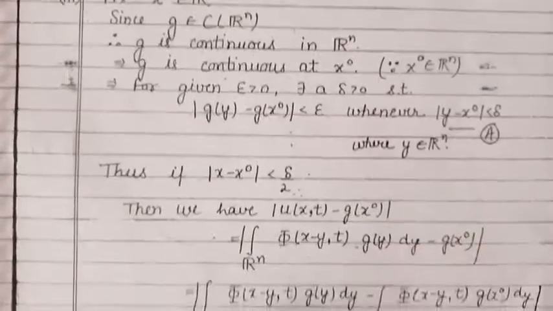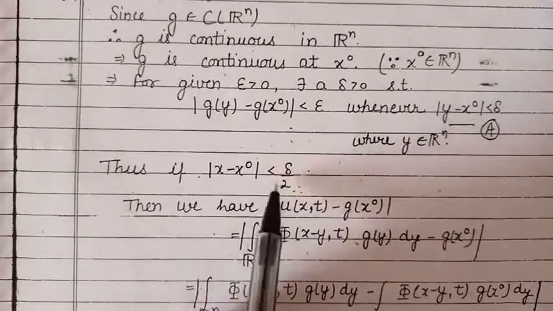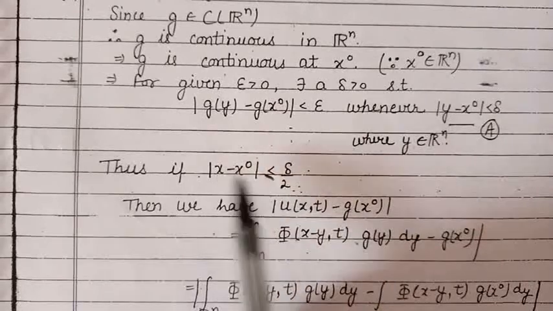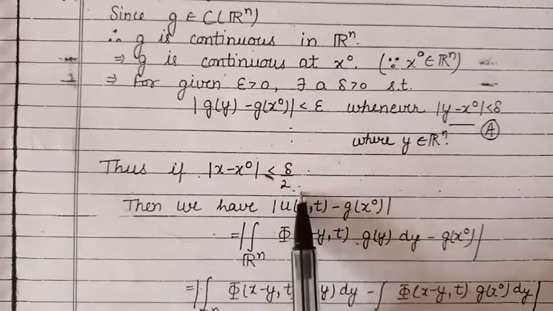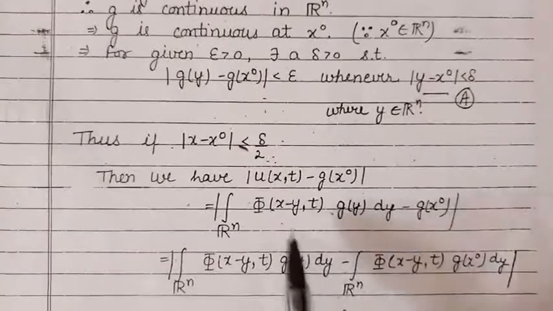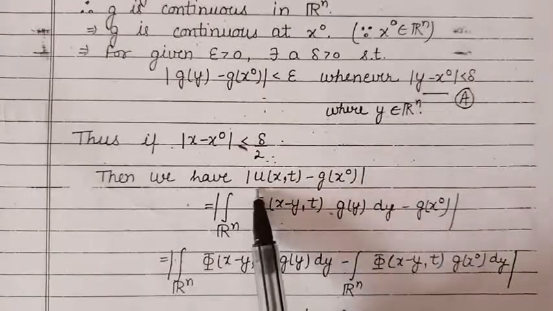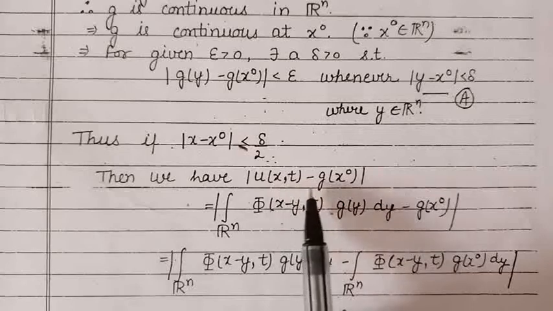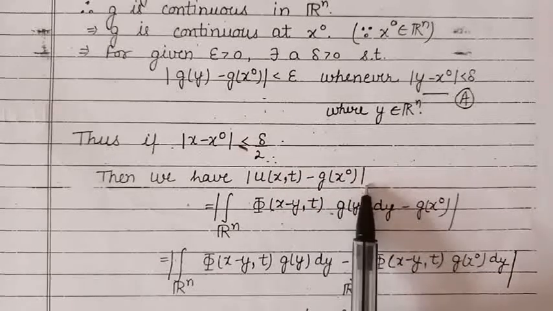Now let us take |x minus x0| less than or equal to delta by 2, and let us find the absolute difference of u with g of x0.